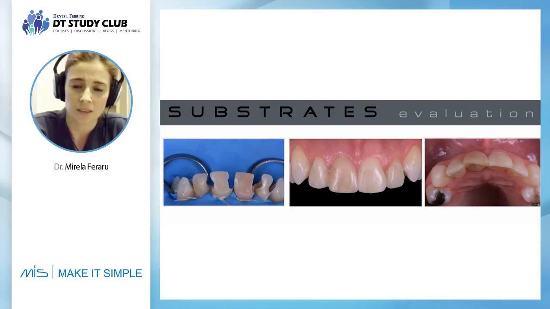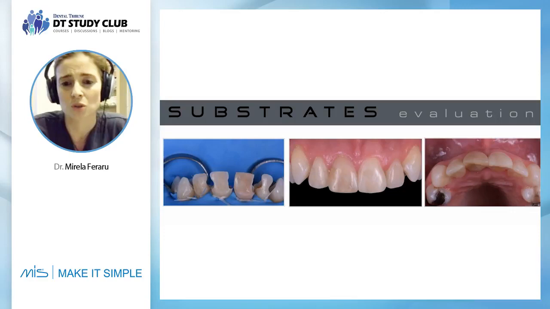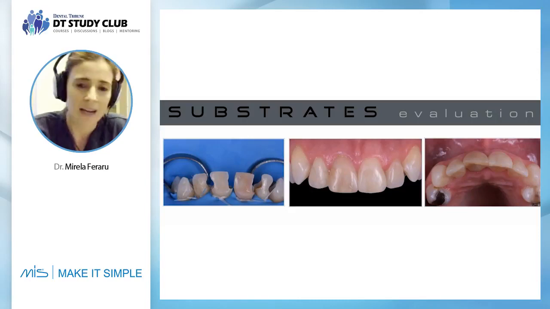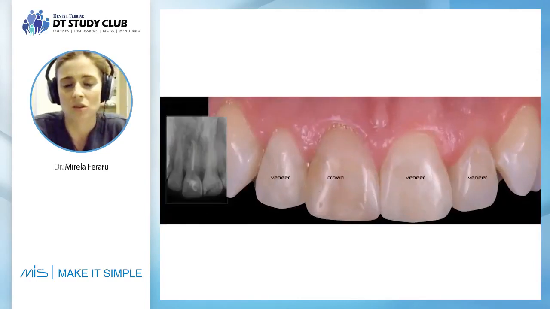So on the right side of the screen, we have the teeth after the composite restorations were replaced. And one aspect that is important also to notice is that we managed to bring the patient to very good compliance. So he was able to maintain his oral hygiene very nicely.